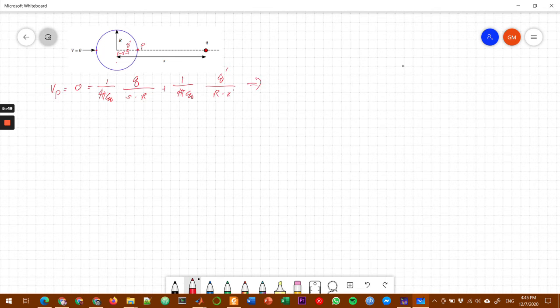And this can be rewritten as, since 0 man na siya, you get Q prime over R minus Z prime equals negative Q over S minus R, mag-cancel ni siya. So mahimo siyang Q prime equals, cross multiply lang siya, negative Q S minus R times R minus Z prime.